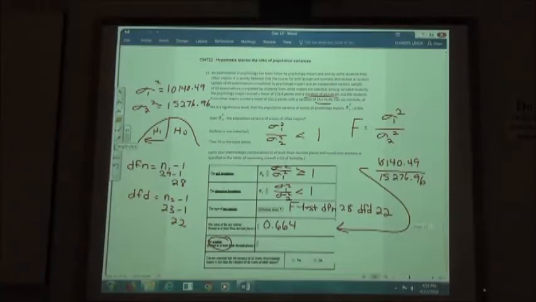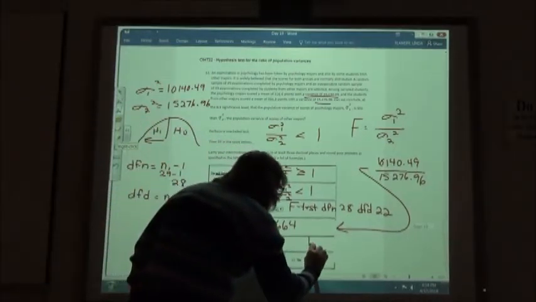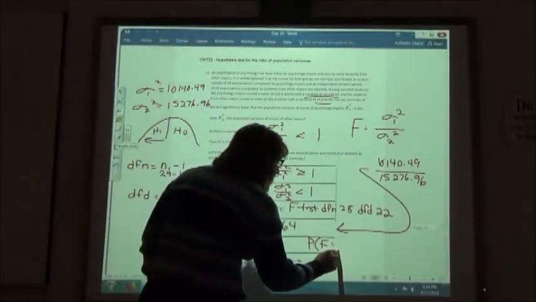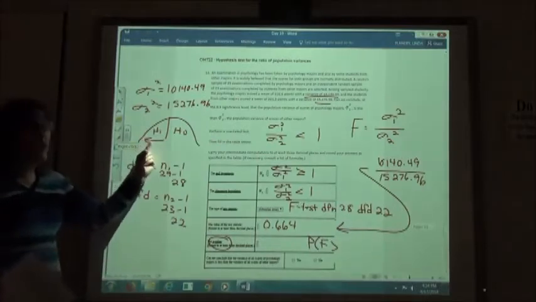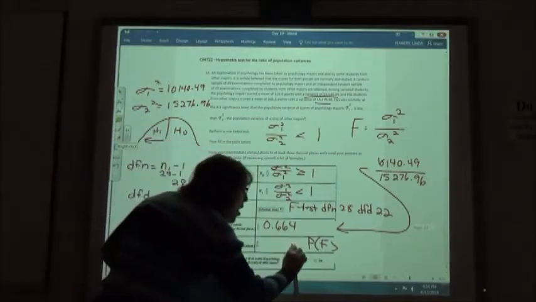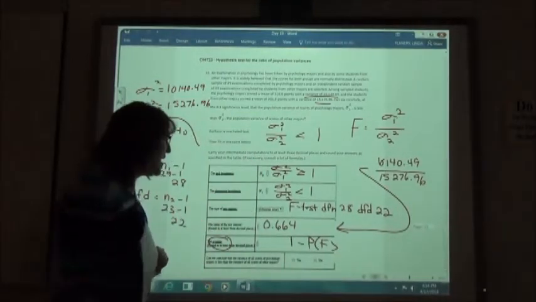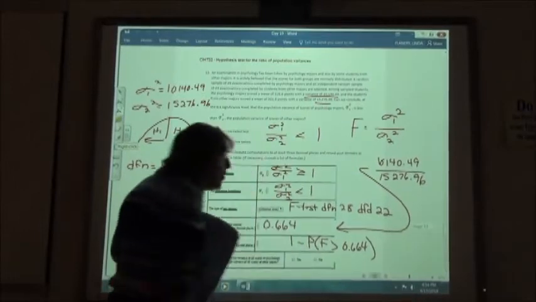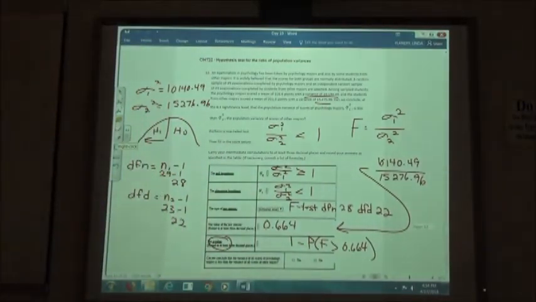We're doing the p-value. On the calculator, when you do the p of f, is it a greater than or a less than? It is a greater than. We're checking less than, which means we have to do 1 minus the p of f is greater than 0.664, because we're going the opposite way of what the calculator does, right?